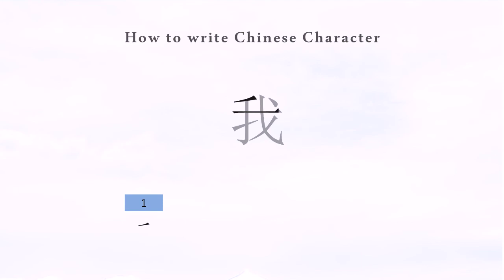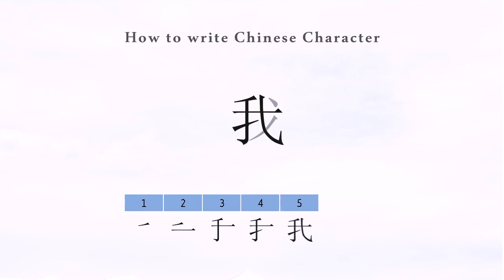To write it, start from the left to the right, from up to down, left to right, up to down, up to down, and then the spot or the dot. We have here 7 strokes.